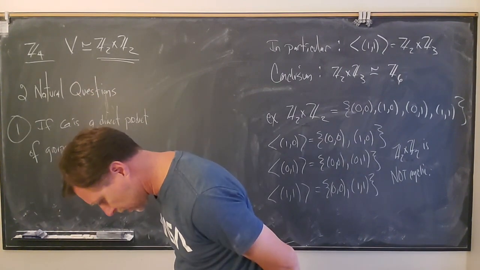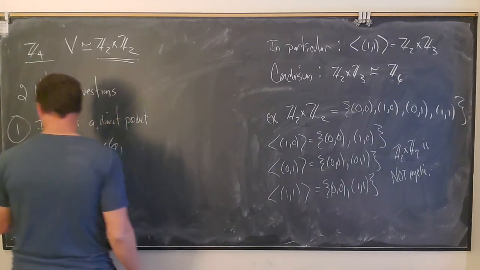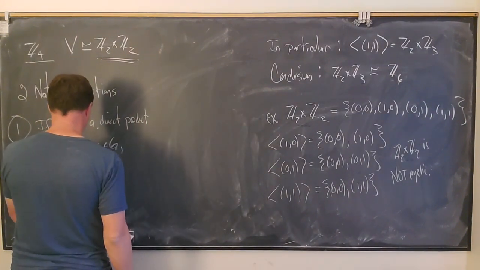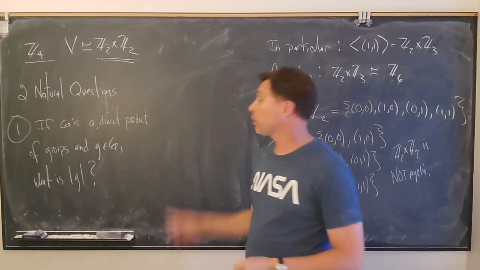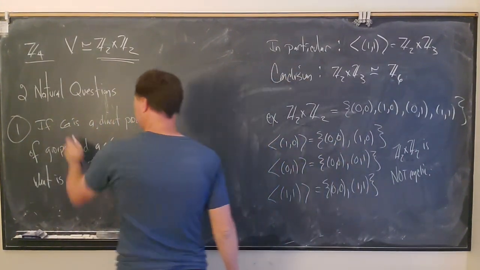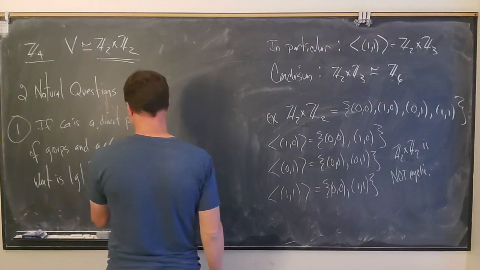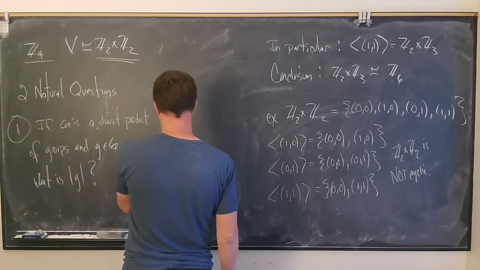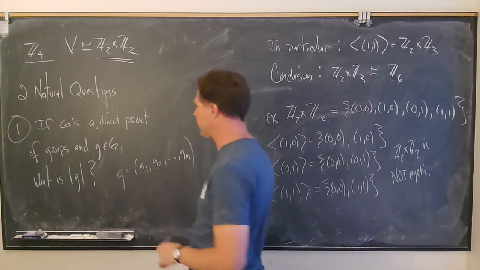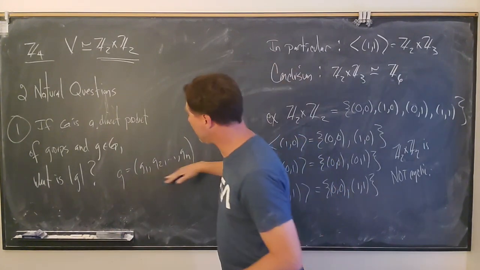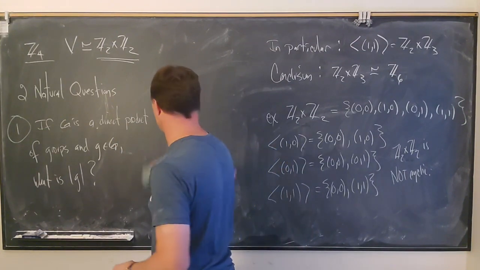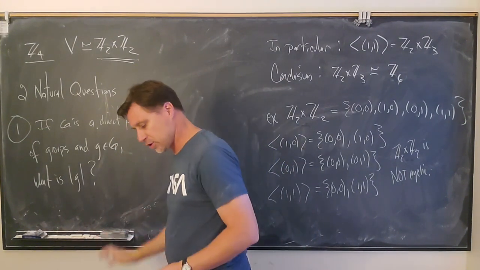So what is the order of little g? Now remember, because it's in a direct product, little g is going to look like some tuple, g1, g2, up to gn. And so the question becomes, what's the order of an n-tuple like this living in a direct product? That's a first natural question you might want to ask yourself.